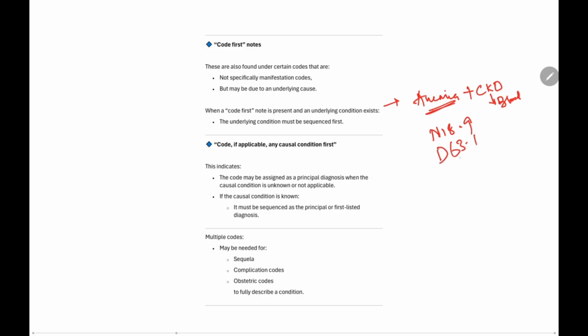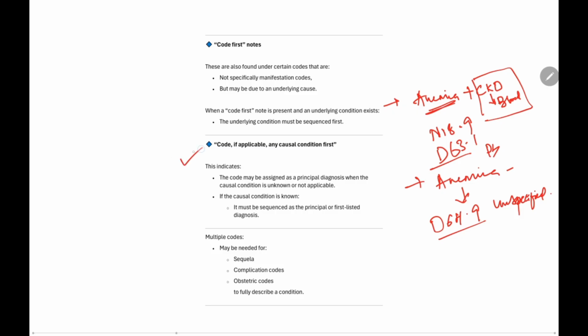Okay, the cause is known, so the causal condition we need to code first if applicable. But sometimes there is a condition like anemia, and the patient is admitted only with anemia, and the cause is not documented. Then what will you do? You will code only anemia, D64.9, anemia unspecified.